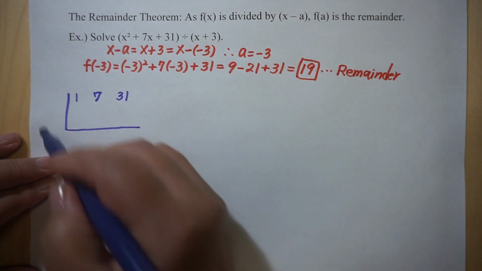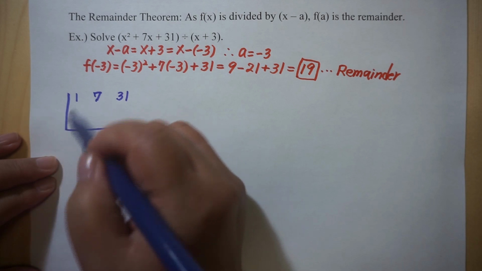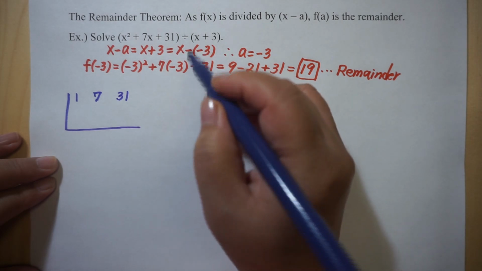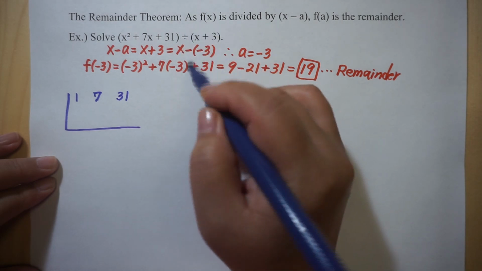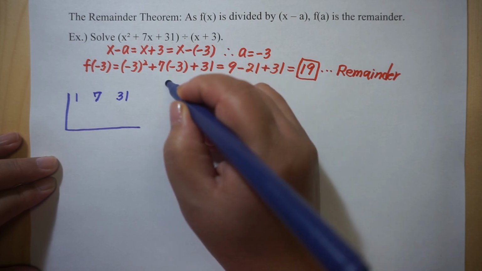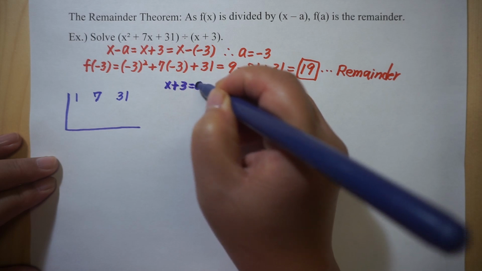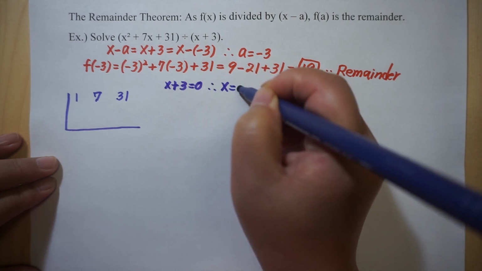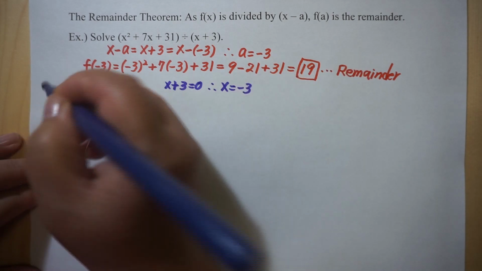And now we have to put some number here. That is the value of x when the divisor is equal to 0. So x plus 3 is equal to 0, and that is why the x value is negative 3. So we're going to use negative 3 here.